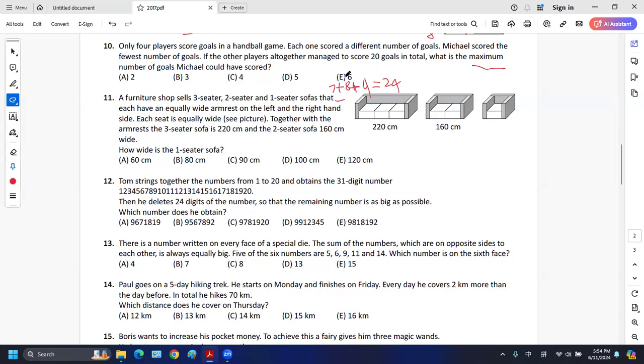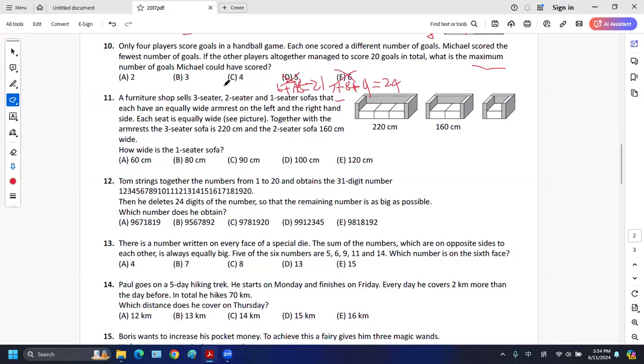But 24 is bigger than 20, which is not the exact same number, so E is wrong. D. The smallest numbers are 6, 7, and 8. That equals 21, which is bigger than 20, so D is not the answer.